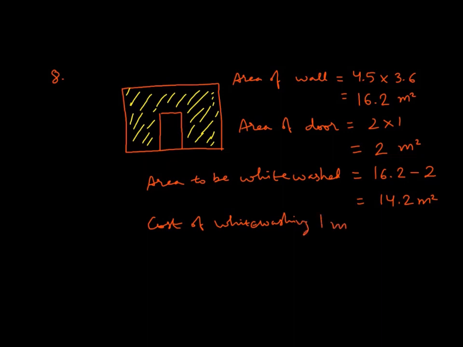So cost of whitewashing this much area, that is cost of whitewashing 14.2 meter square, will be rupees 20 into 14.2, which comes out to be rupees 284. Rupees 284 is the answer to this question.